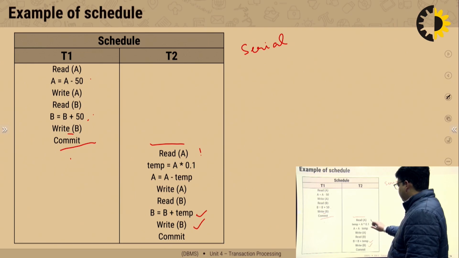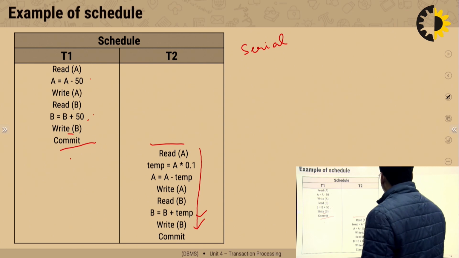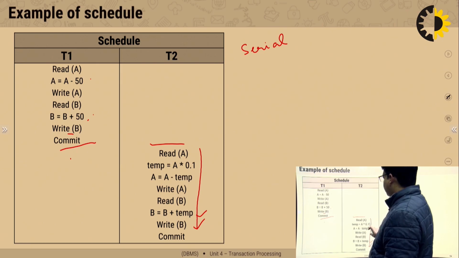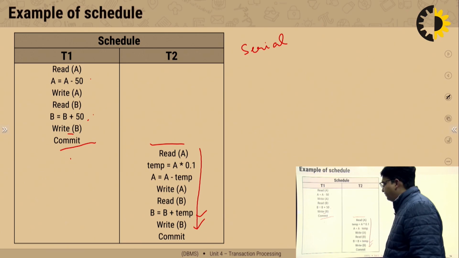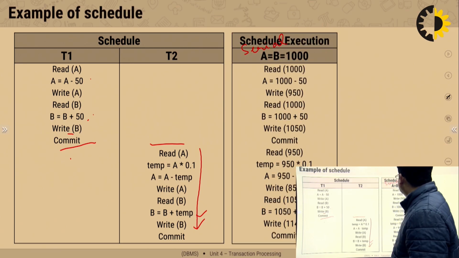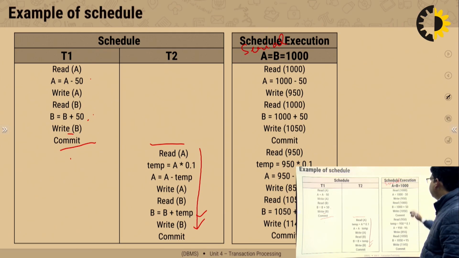These are the instructions written for transaction T2. It is also updating the value of A. Here we subtract something from the value of A and that is added into B. This is how the final outcome comes. The initial value of A is 1000, then the A value becomes 950. The initial value of B is also 1000, and the value becomes 1050.